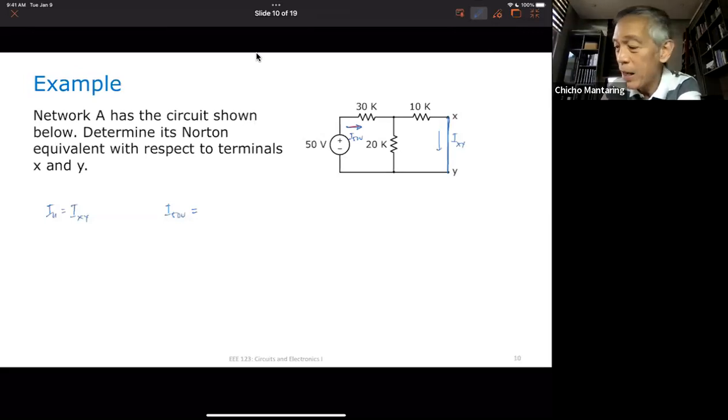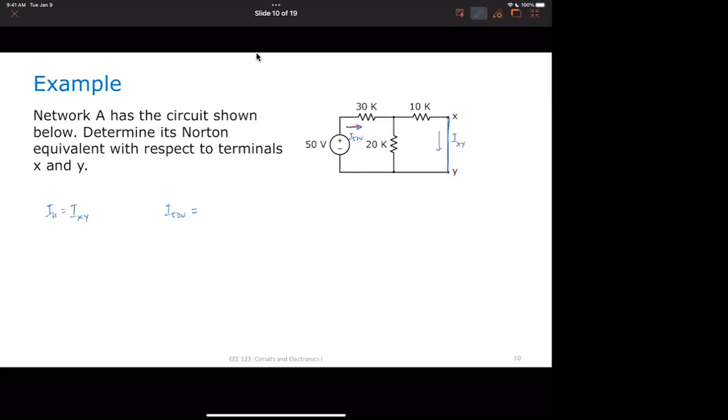But tama ba na, yeah, I think a lot of you are confused. To get the current flowing through the 30K, we divide the voltage across 30K by 30K. But the voltage across 30K is not 50 volts. Do you see what I'm saying, Renz and Adam?